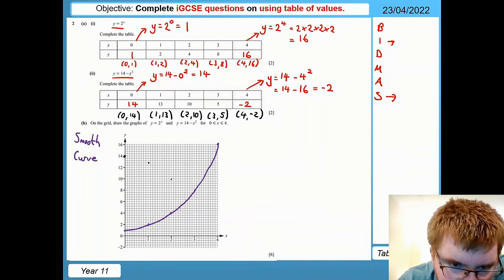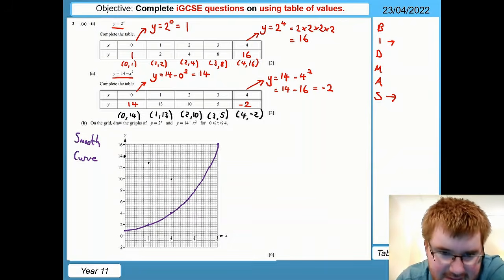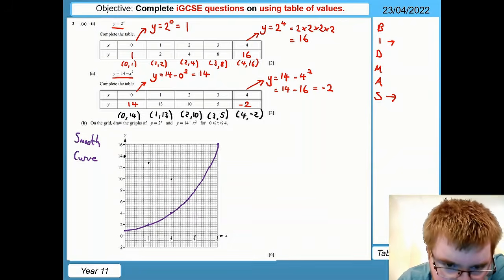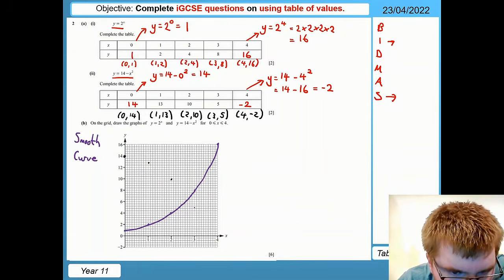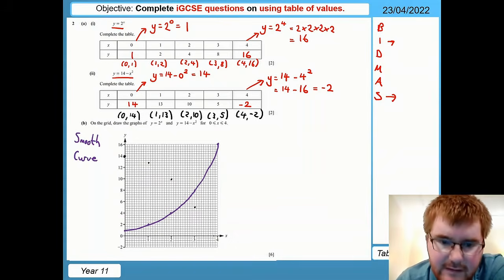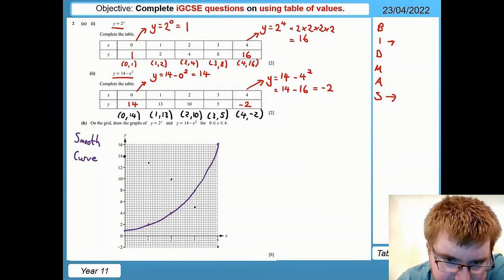I can just feel you all fast forwarding this bit until it's actually finished. In the exam, you need to be careful. So 3, 5. So 3 and then 5. I find this hard to do online. Hopefully having more luck at home. 3, 5 and then 4, minus 2, which is a nice point to have.